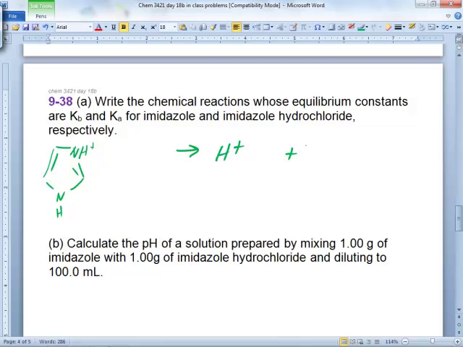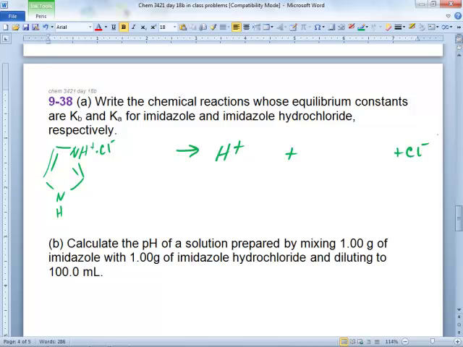So this would be the hydrochloride. So I should technically write a... Right? Because they want it for the hydrochloride. Okay, they call it the hydrochloride. So it's HA goes to A minus plus H plus.